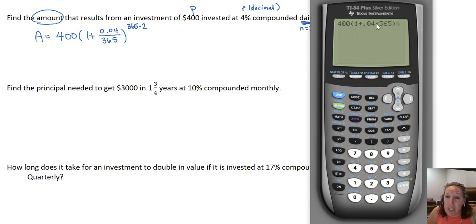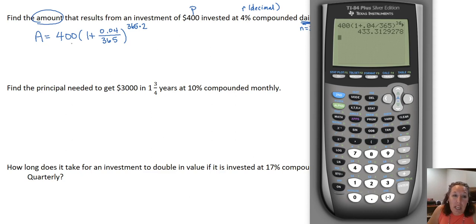You do not have to put that fraction in parentheses because your calculator will follow order of operations. But if you do put that fraction in parentheses, make sure that you close the parenthesis that you opened here on the 400 before you raise it to that exponent of 365 times 2.